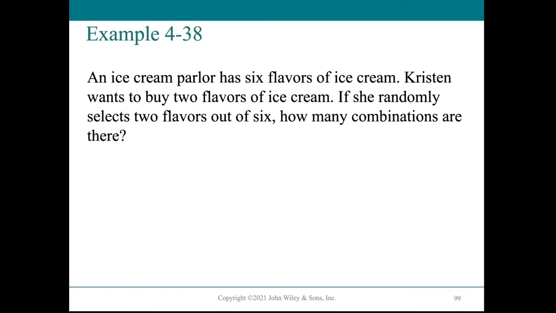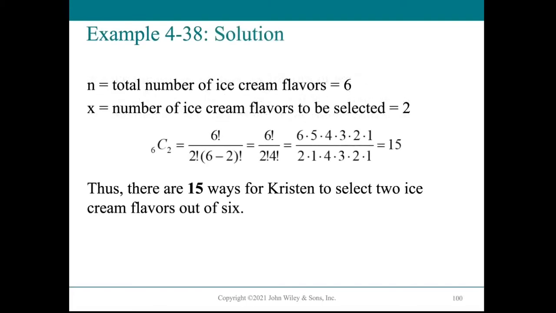So strawberry and chocolate, and chocolate and strawberry, are the same combination, counted as 1. So here we have a total of 6 ice cream flavors, and the number to be selected is 2. You just select 2 out of the 6.